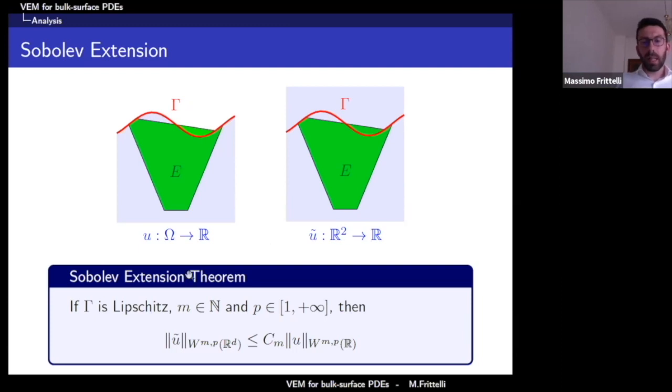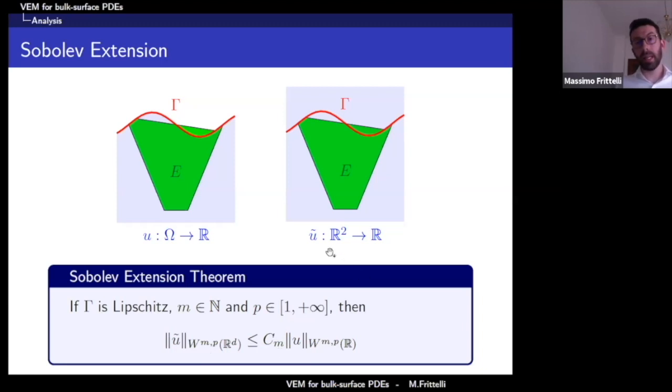So we have this nice Sobolev extension theorem. If a function U is of class W^{m,p}, Sobolev space, there exists an extension U tilde defined on the whole space R2 that is still W^{m,p}, whose restriction on omega coincides with the given function and has the same norm up to a multiplicative constant.